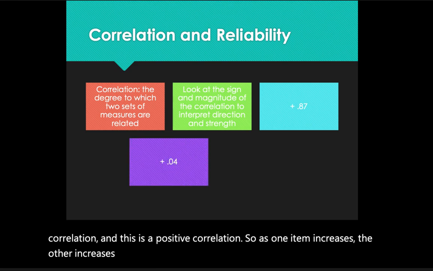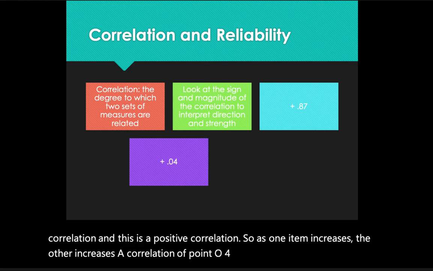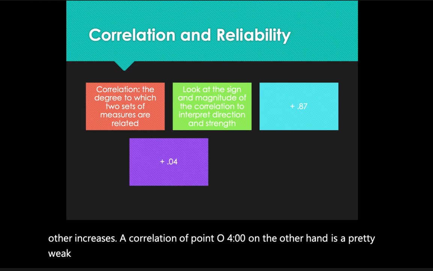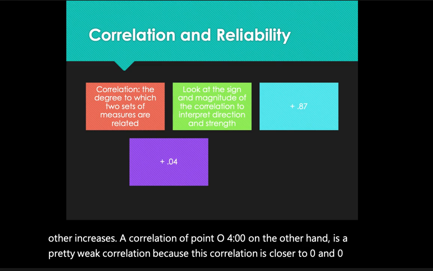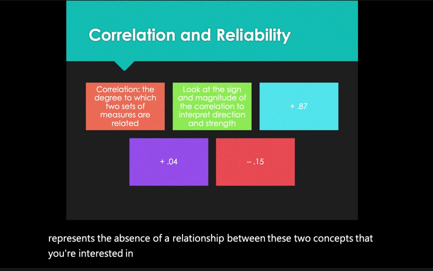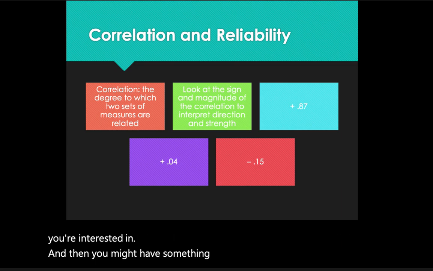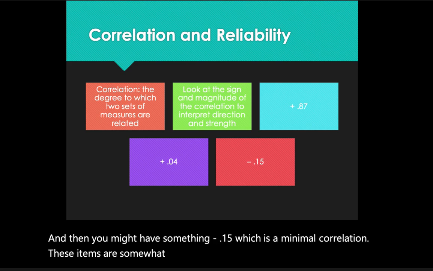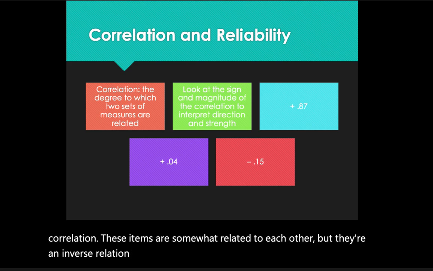A correlation of 0.04, on the other hand, is a pretty weak correlation, because it is closer to 0, and 0 represents the absence of a relationship between these two concepts that you're interested in. And then you might have something like negative 0.15, which is a minimal correlation. These items are somewhat related to each other, but they're in inverse relationships. So as one increases, the other decreases.